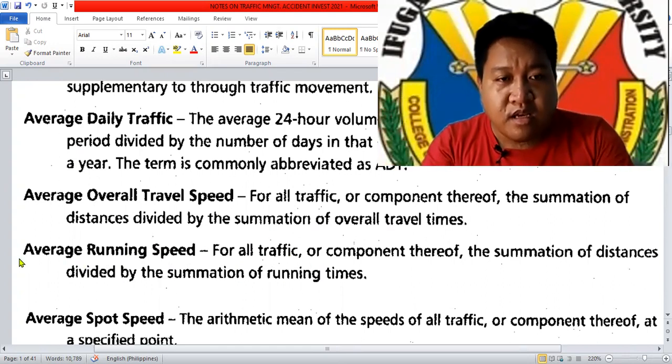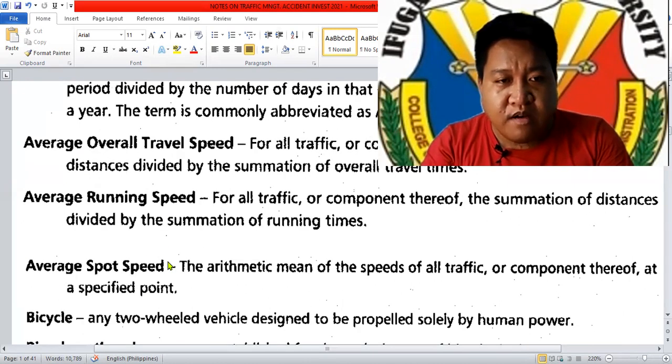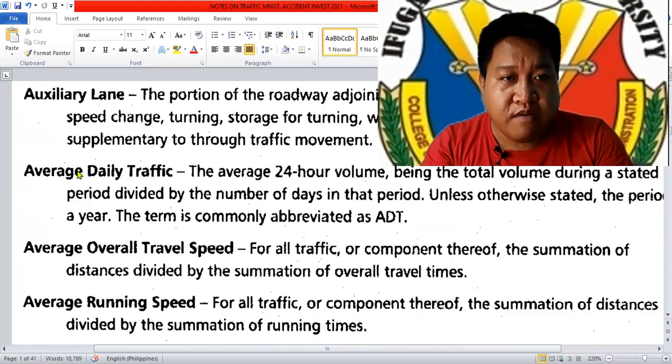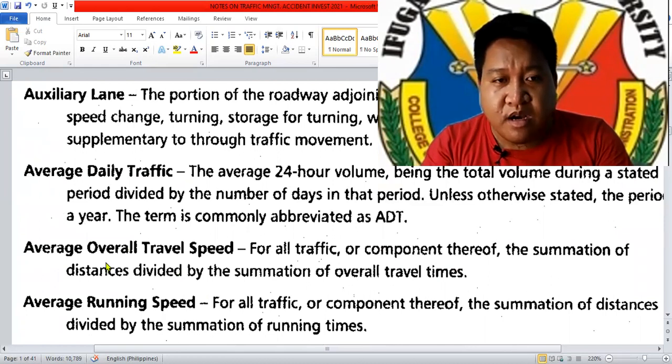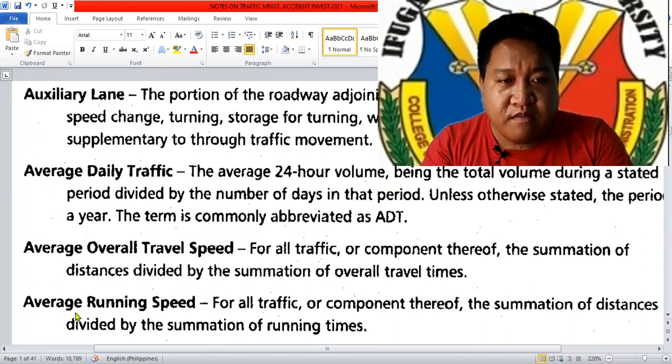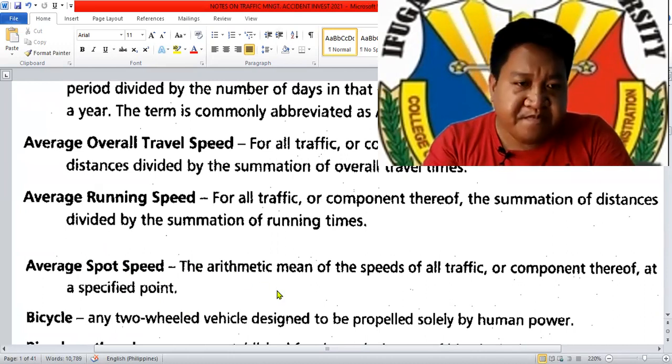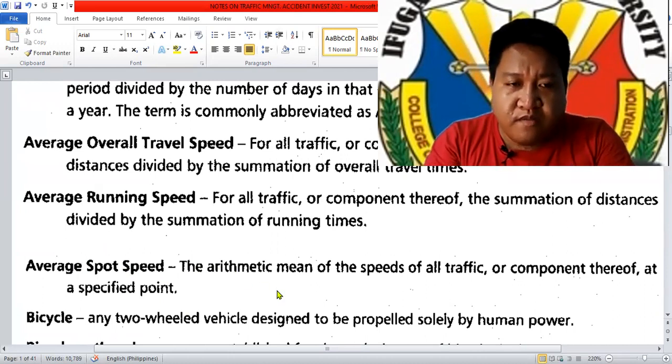Then we have average spot speed, the arithmetic mean of the speeds of all traffic or a component thereof at a specified point. So please distinguish average daily traffic, average overall travel speed, average running speed, and average spot speed. Let us proceed further.